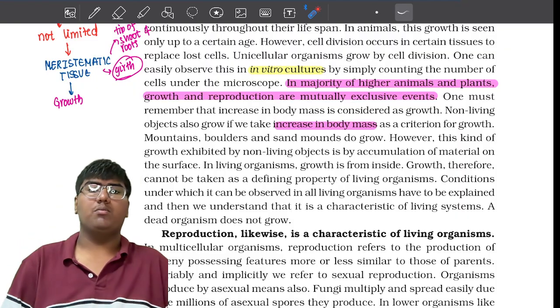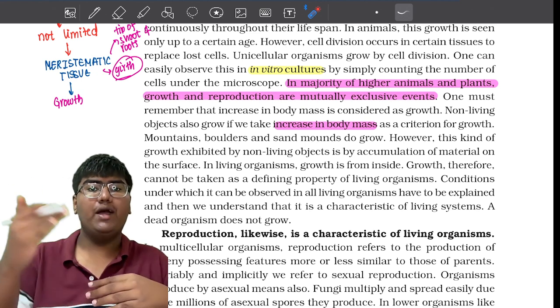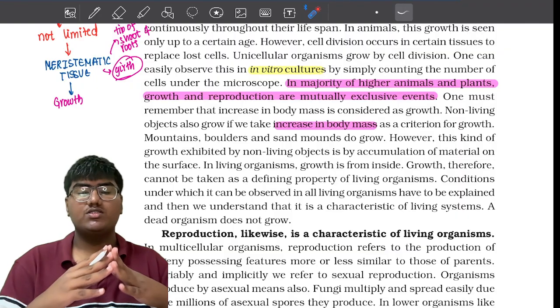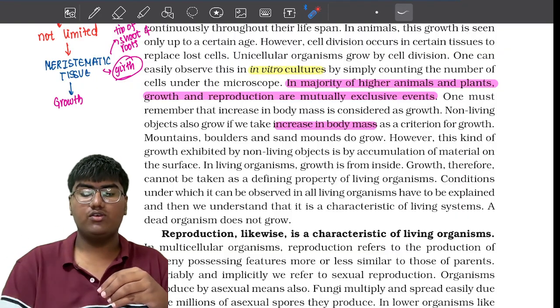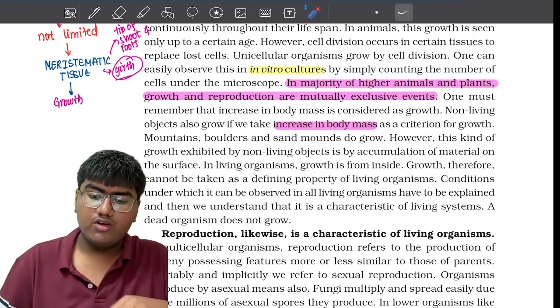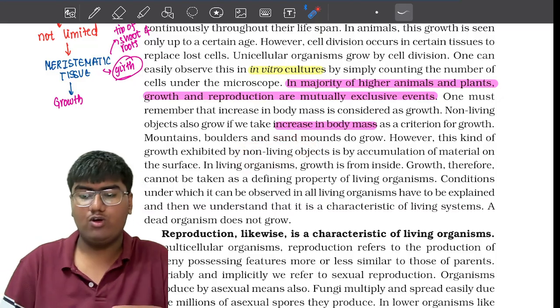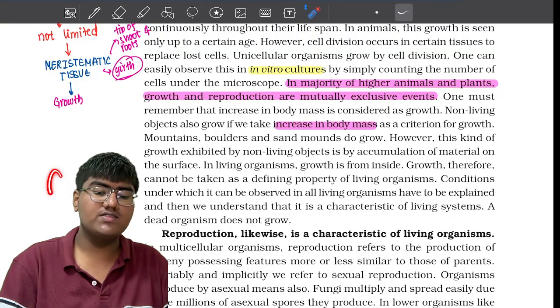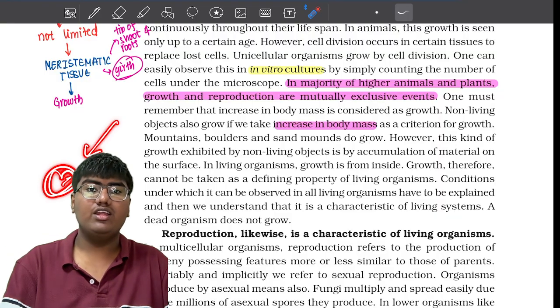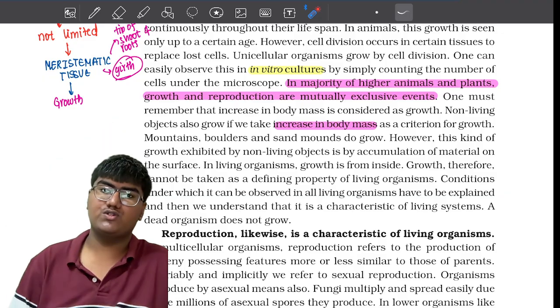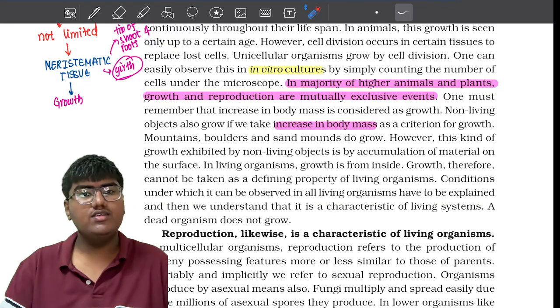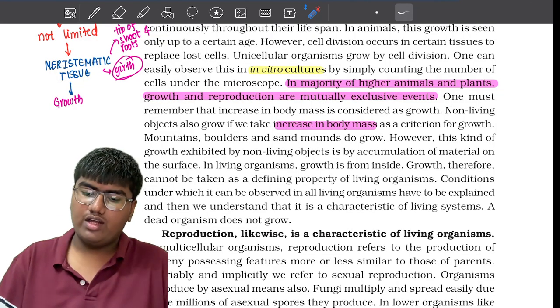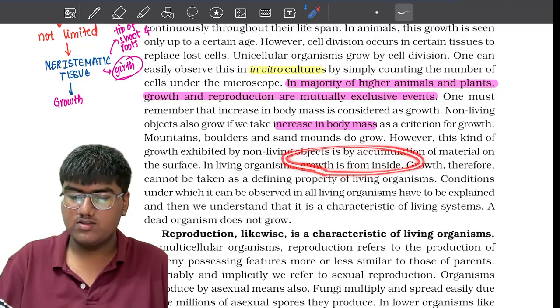As we saw in examples, if we keep on piling up sand, it is also considered as growth, because it is an increase in the body mass. However, this kind of growth exhibited by non-living objects is by accumulation on the surface. As we said, we are not increasing a certain unit, we are increasing the growth by adding more units to it. So it is not intrinsic, it is extrinsic growth. In living organisms, the growth is from inside. This is what we understood.